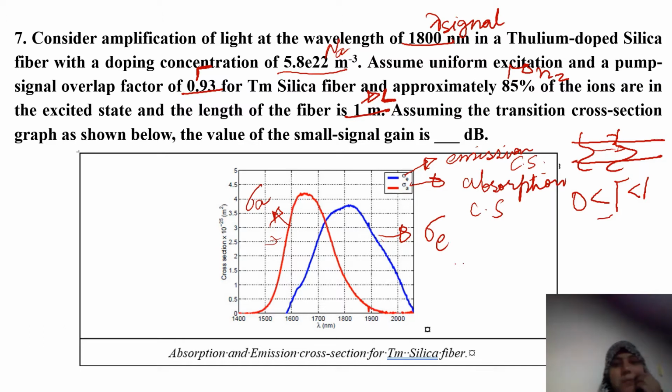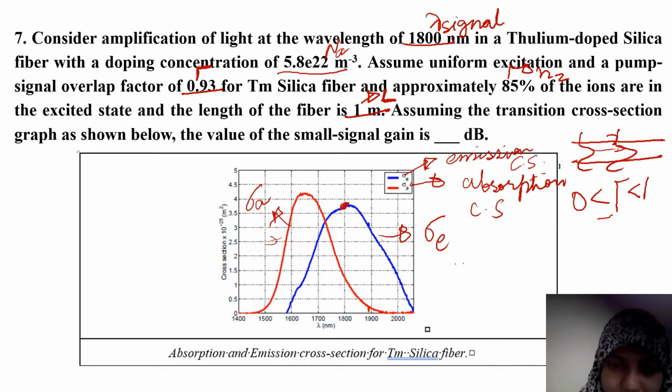So we have to find the emission and the absorption cross section at the signal. Here we have 1800 nanometers for the signal. So this would be my sigma E, which is more than 3. Is that so? Yeah, it is more than 3.5.